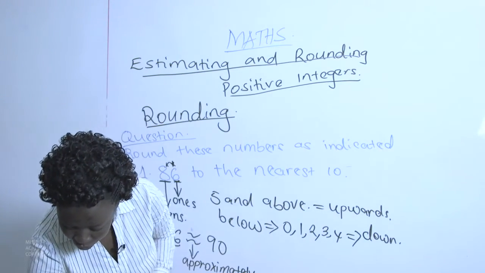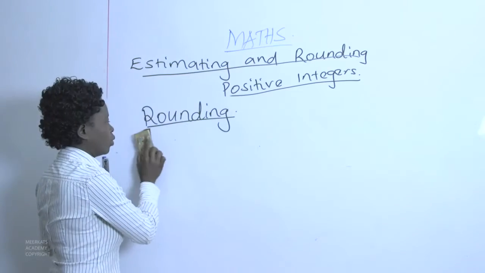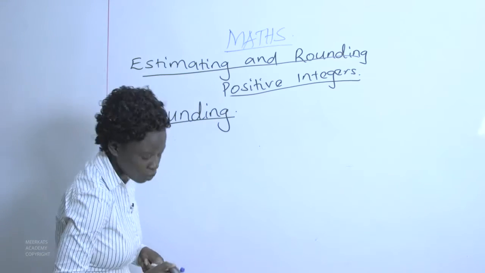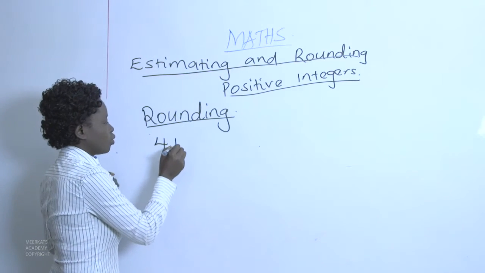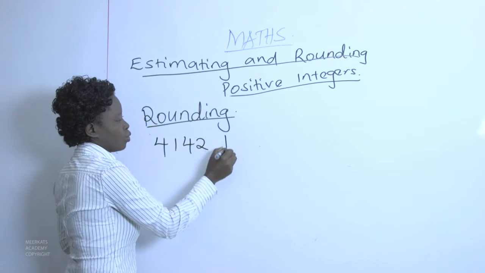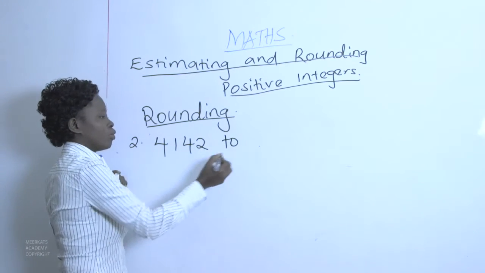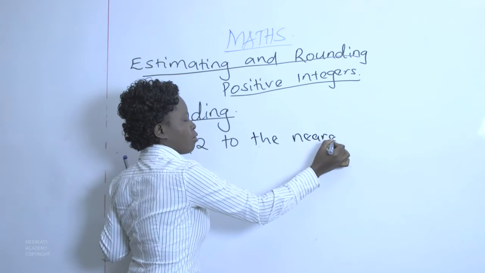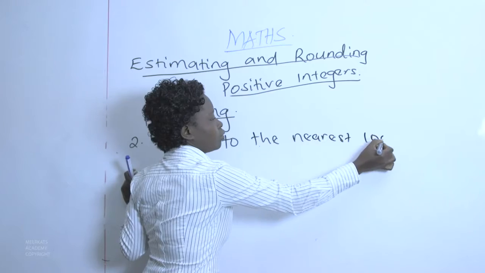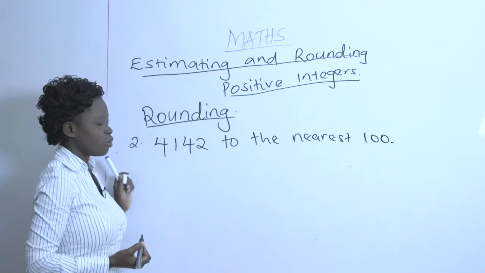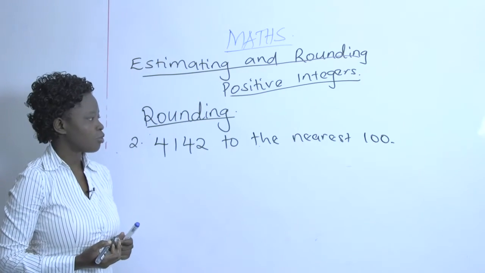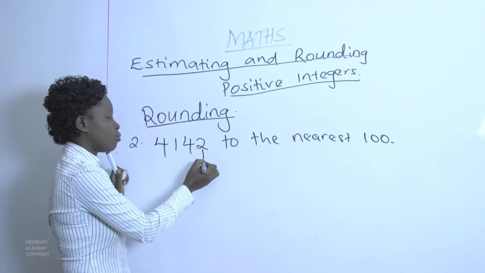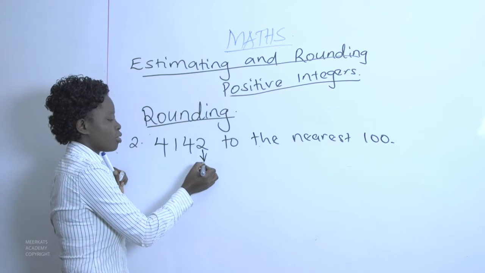Another example we have: 4,142 to the nearest 100. So we look at the place values that we have. This is ones.